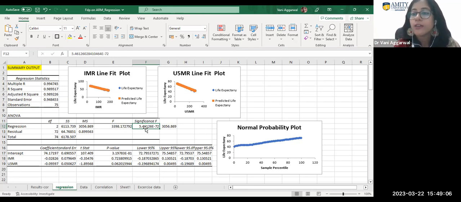Here the confidence interval is 95, so I'm taking the p-value range of 5%. If the p-value is less than 5%, your model is significant. If it is greater than 5%, it is not significant. So here, is this significant or not significant?